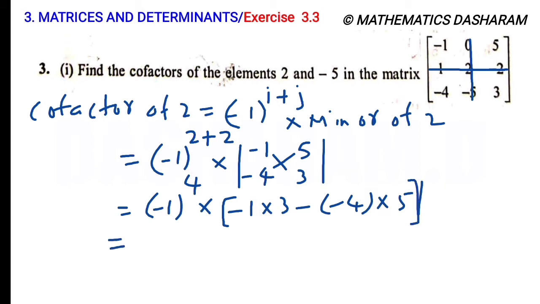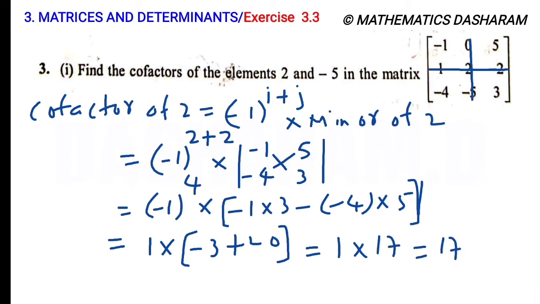Minus 1 to the power of 4 is plus 1, into minus 3, and minus into minus is plus, 4 into 5 is 20. So 1 into minus 3 plus 20 is 17. So the cofactor of 2 is 17.